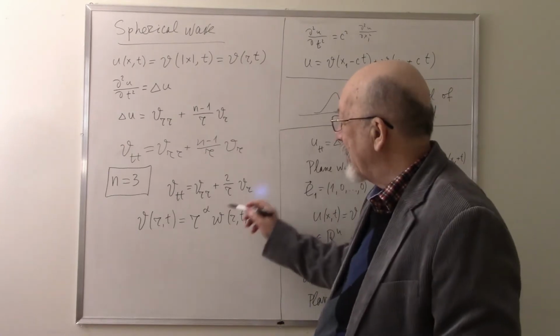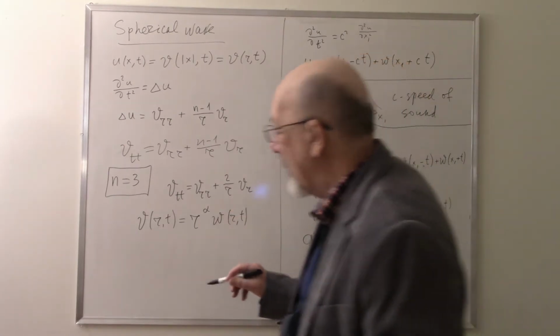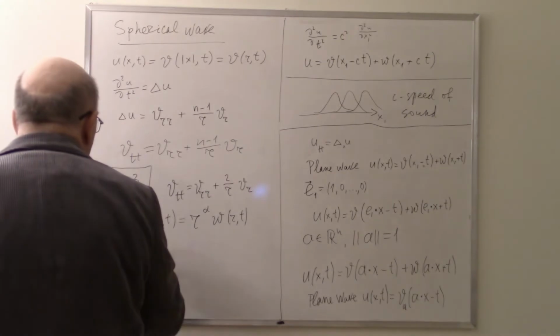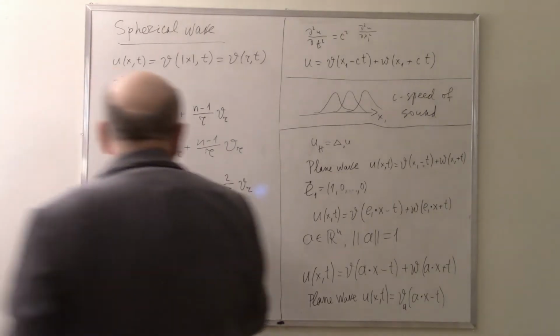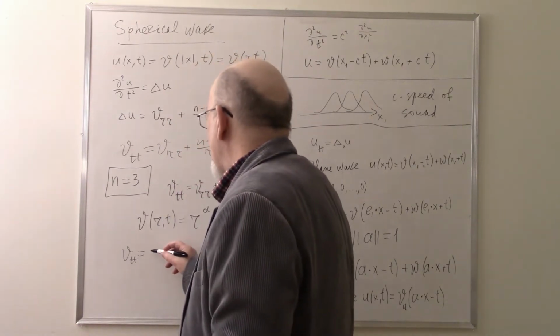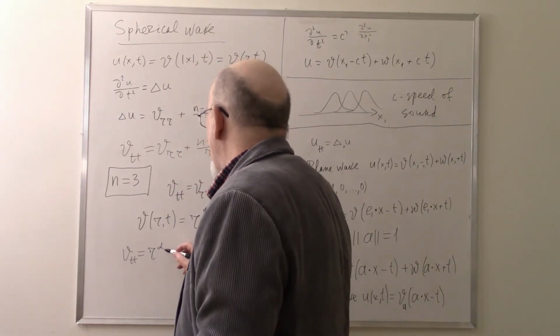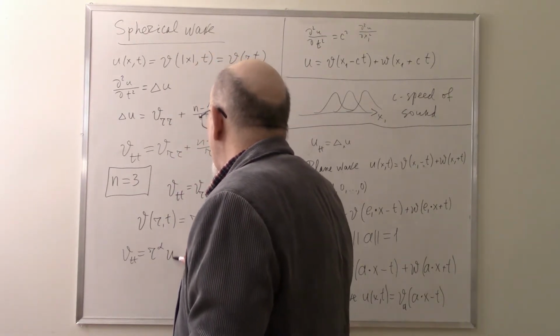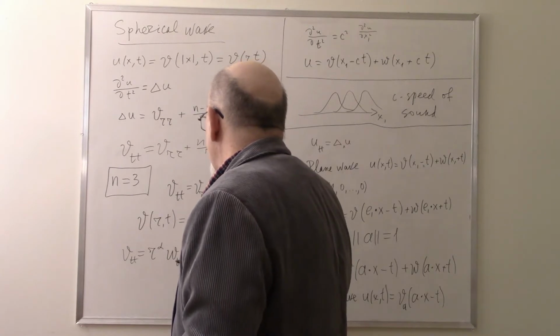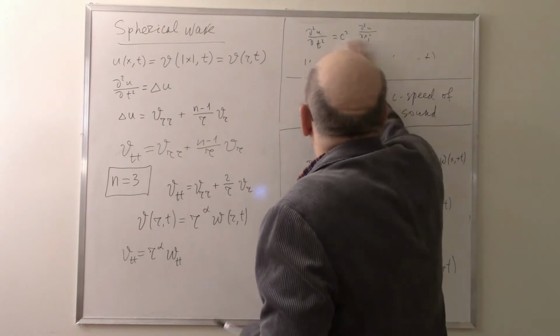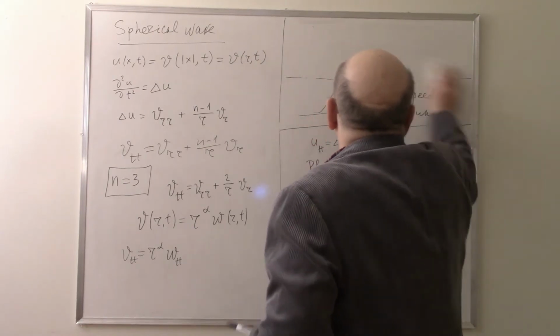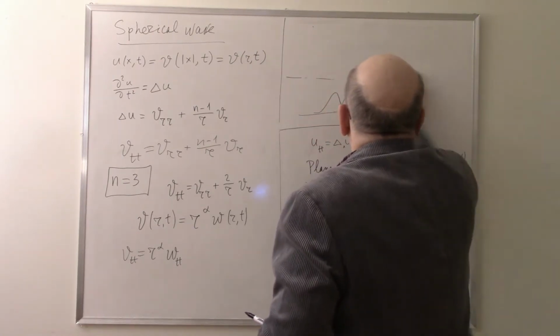So we will kill it by this substitution. So v_tt equals, it does not include r, so it is r to the power alpha times w_tt. It is no problem. And about the derivative in r.